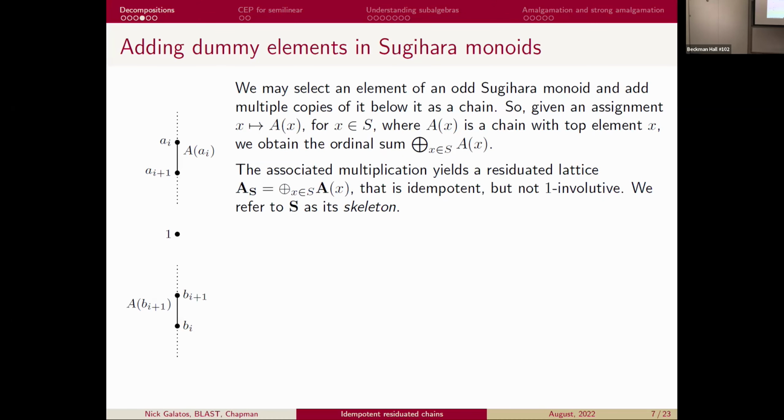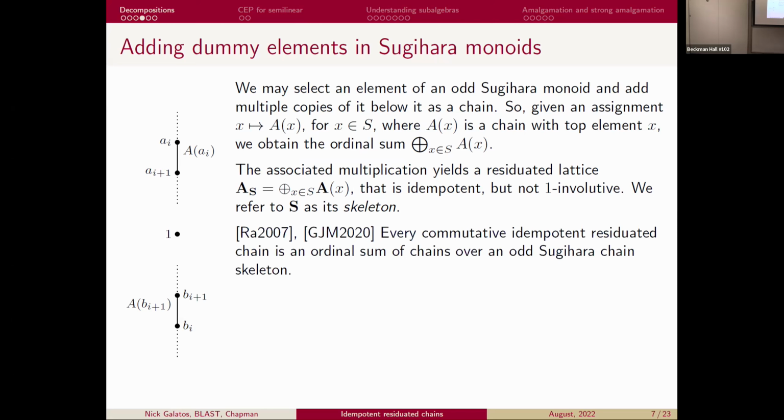So it's the ordinal sum of all of those chains, and the original algebra S, the Sugihara monoid, forms its skeleton. Now, it was shown by James Raftery and also by Peter, Jose, and George that this is all there is. This way, you can get all of the commutative ones. Start with an odd Sugihara chain and hang those pieces, and then you have the result.